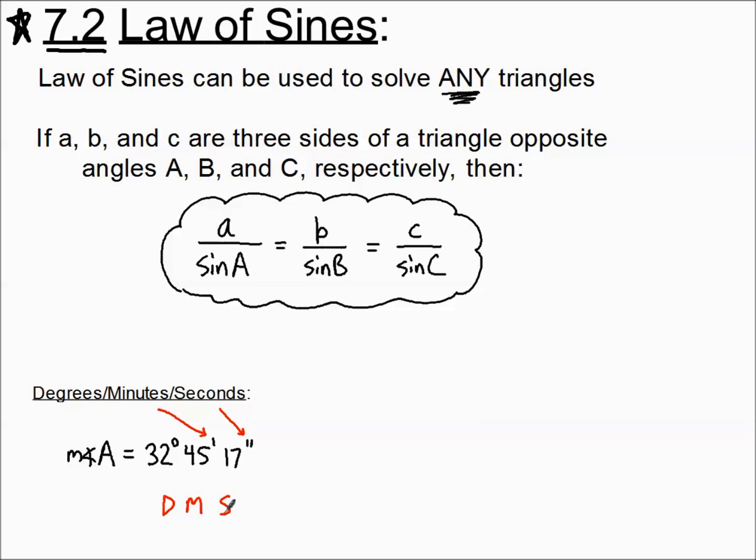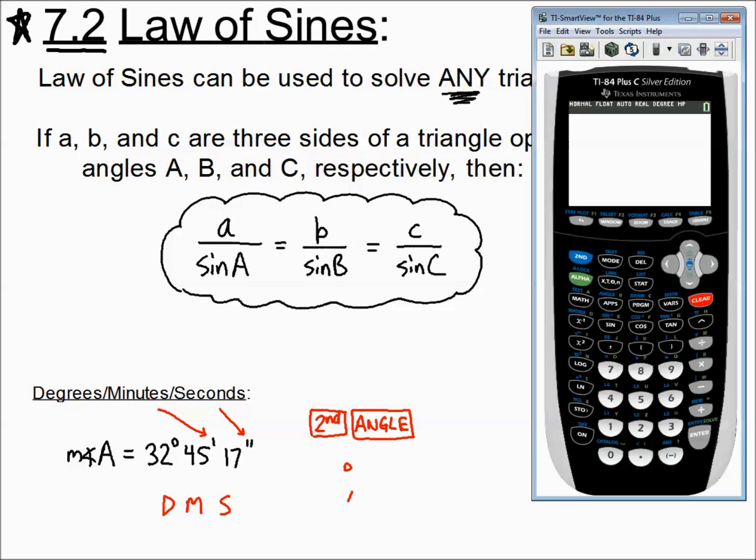Now where you find this in the calculator is you press second and then go to angle, and you will find these symbols. You will find your degree symbol, you will find your minute symbol. You actually won't find your seconds symbol, because the seconds symbol is one of your main buttons on the calculator.